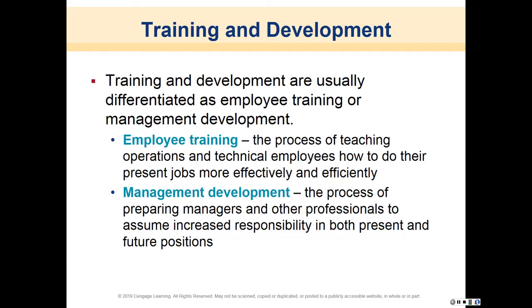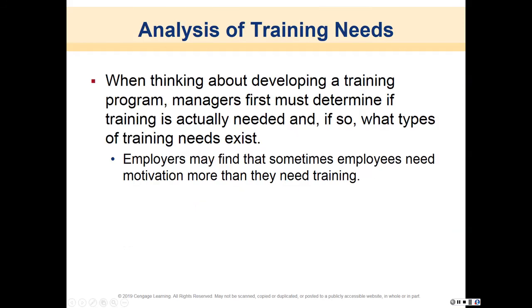Okay, and so it's designed more on how to do our job more effectively and efficiently, whereas management development is more theoretical type stuff. It might be how to better motivate your employees, and so we talk about motivation and motivation theories and how we would implement those theories, but it's not hands-on. Okay, so it kind of breaks down in those two categories, training and development.